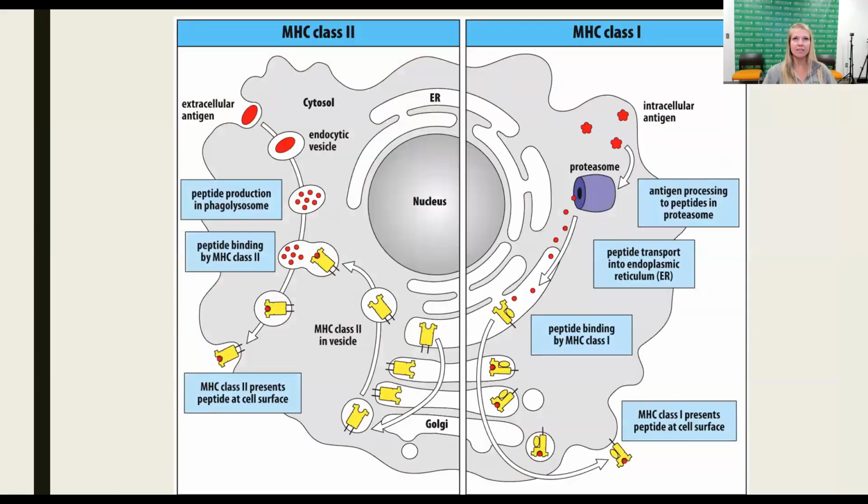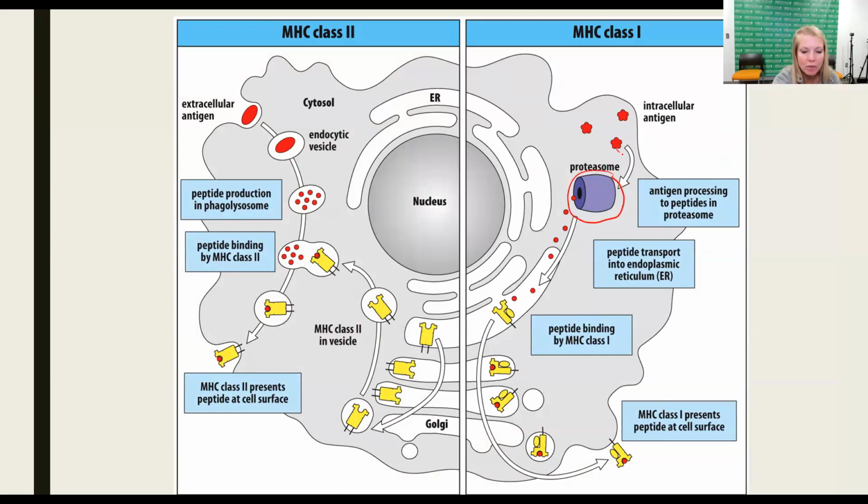Okay, here's a summary slide showing you MHC class 1 and MHC class 2 processing differences. I talked about the proteasome inside of the cytoplasm here. It's just hanging out.